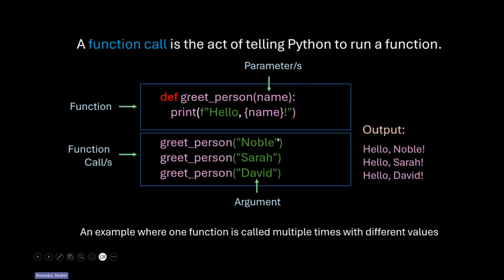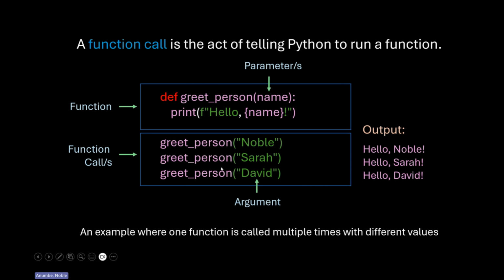So for a program like this, if I say greet underscore person and put in parentheses and then inside it my open and close quotation marks, which makes it a string, this name is going to map to this. So this particular thing we have here is what you call the attribute. This is the attribute and this is the parameter, and this will map to this.